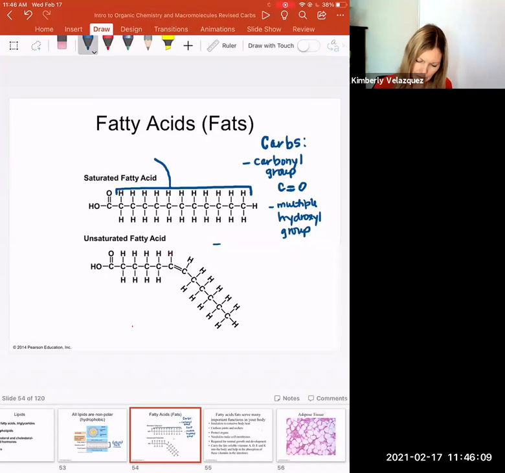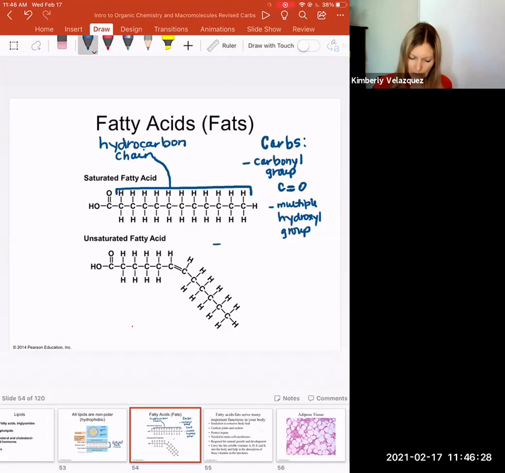This is called a hydrocarbon chain. You've seen that term a couple of times now. A hydrocarbon chain is just a chain of carbon and hydrogen. So you don't see any hydroxyl groups on that chain the way you would if this was a carbohydrate.